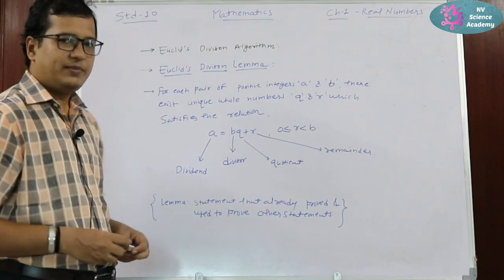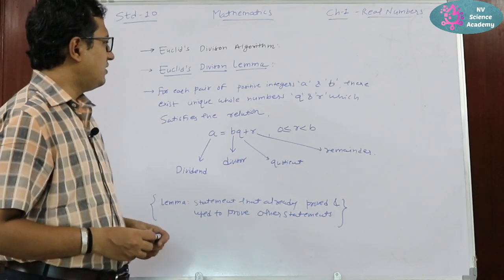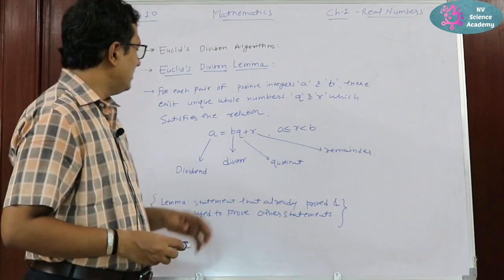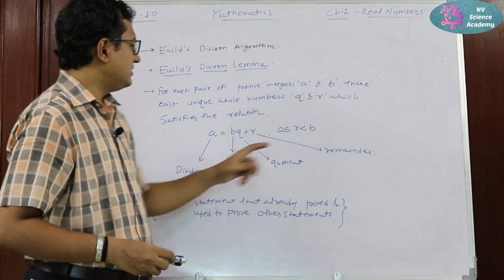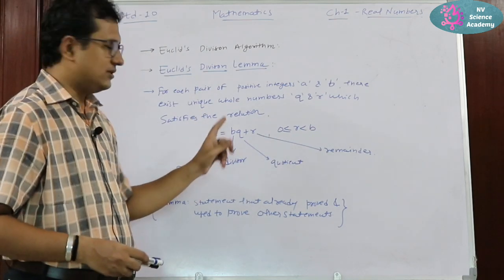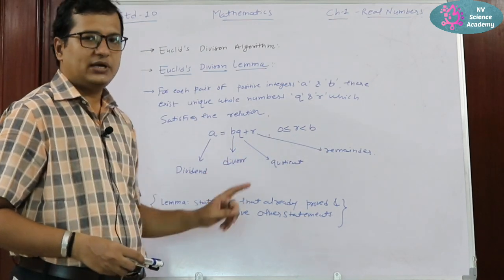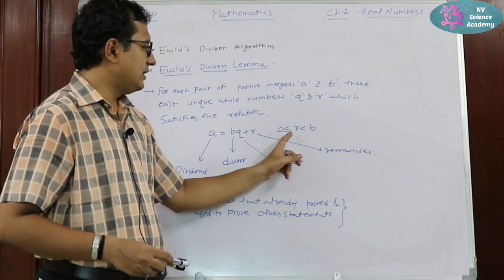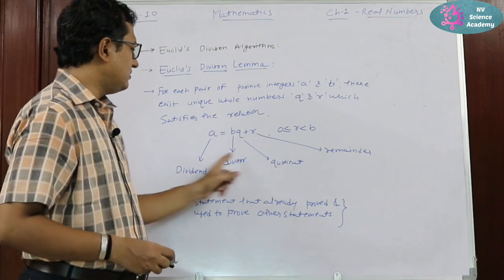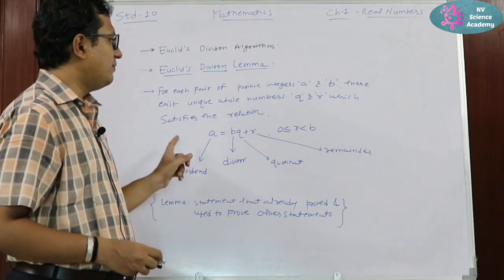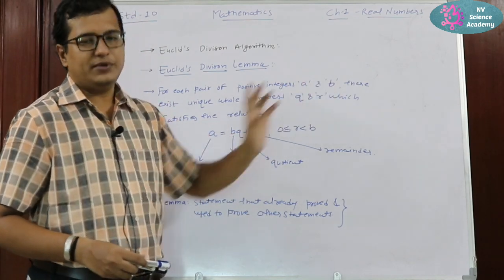The statement is written here: for each pair of positive integers a and b, there exist unique whole numbers q and r which satisfy the relation a equals bq plus r, where 0 is less than or equal to r less than b. This is the relation that will be satisfied by q and r for a and b.